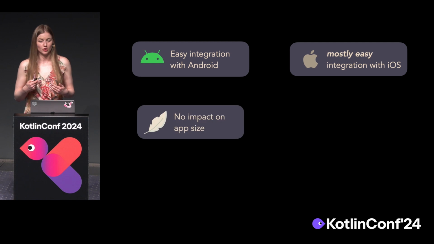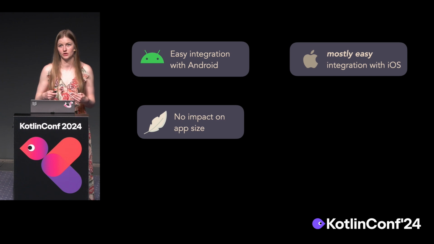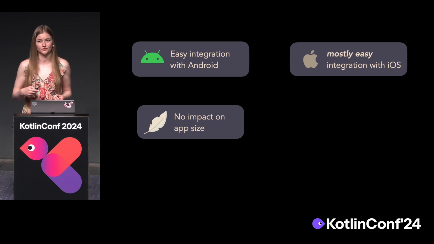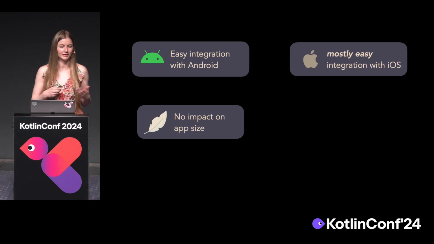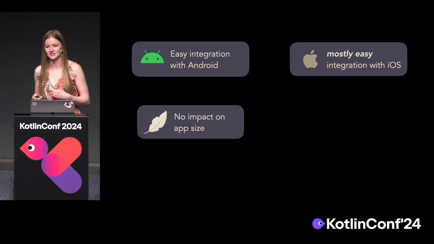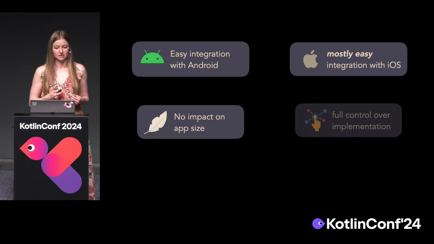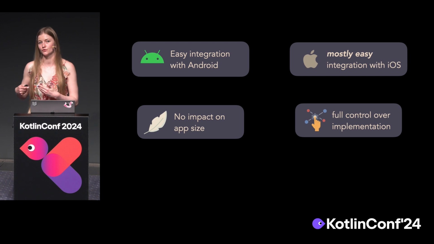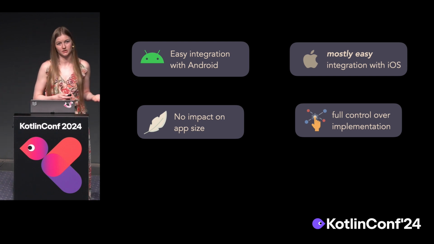And because we've built this project in Kotlin Multiplatform and created it from scratch, it was also really small. It has almost no impact on the size of the app. Definitely not as big an impact as JavaScript core would have. Because we implemented it from scratch, of course, we had a lot more work, but we also have a lot more control over it.